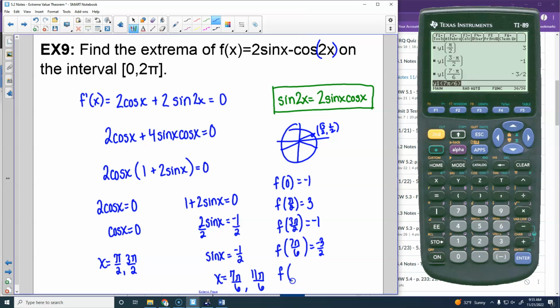I've got 11 pi over 6. y1 of 11 pi over 6 is going to give me another -3 over 2. And then 2 pi. y1 of 2 pi gives me -1.